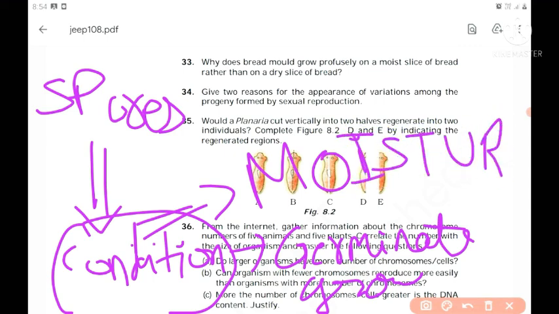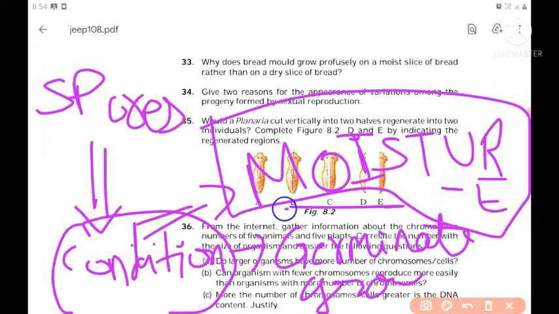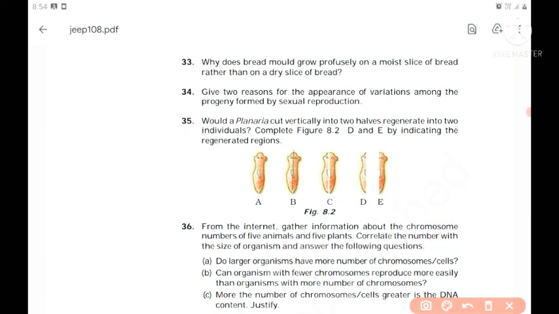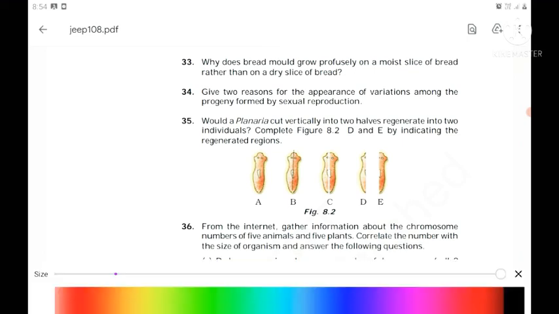So this is the condition required for spores to germinate and grow. That is moisture. So obviously where you find moisture? In dry slice of bread, true? Wrong, right? We obviously find moisture in the moist slice of bread, not in dry slice of bread.